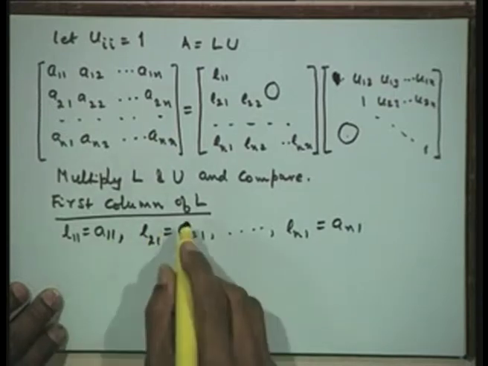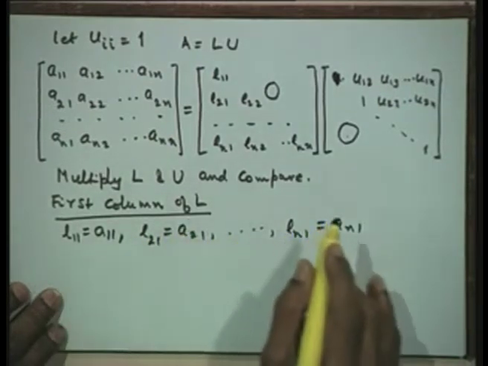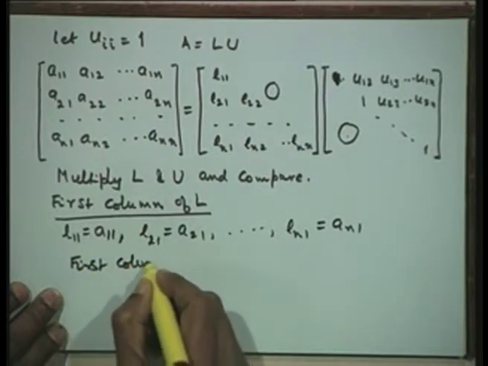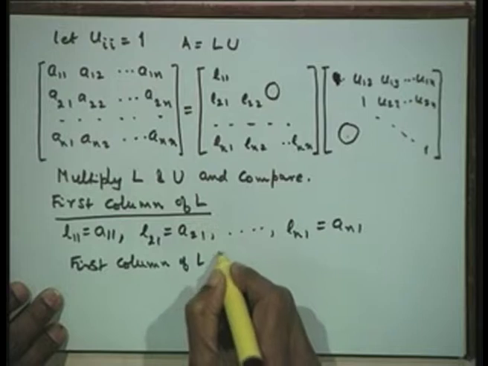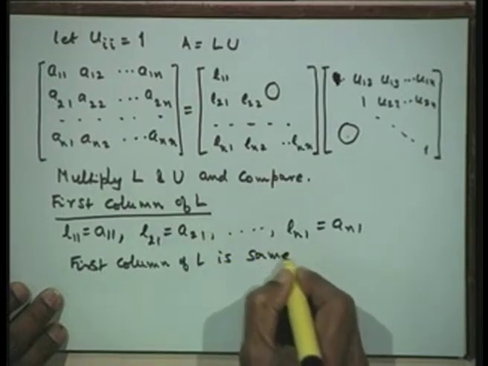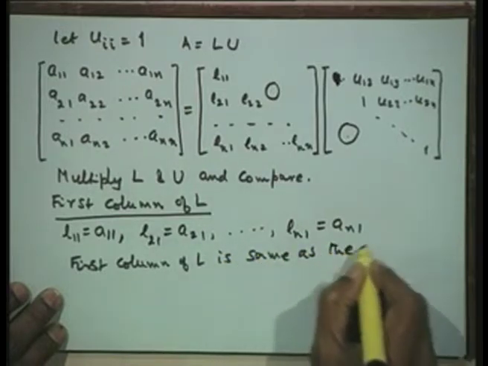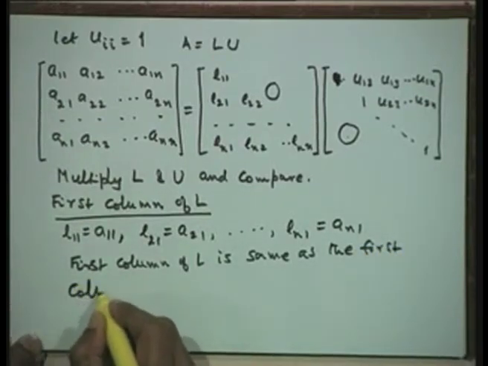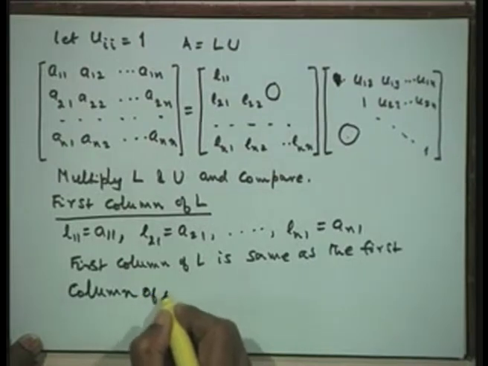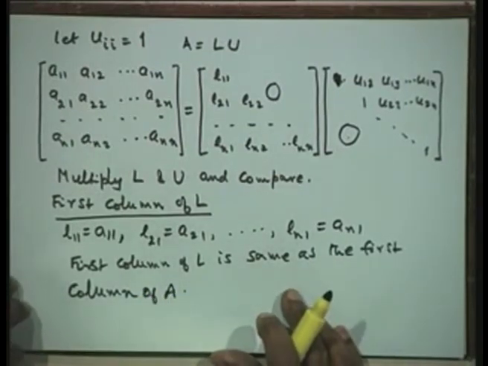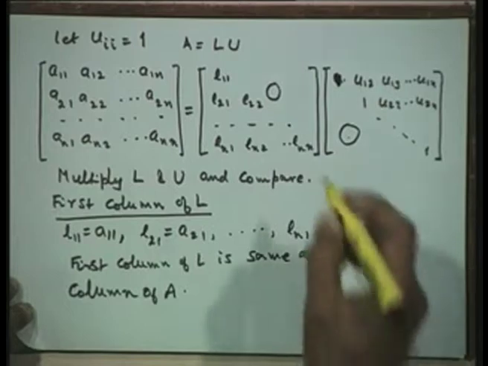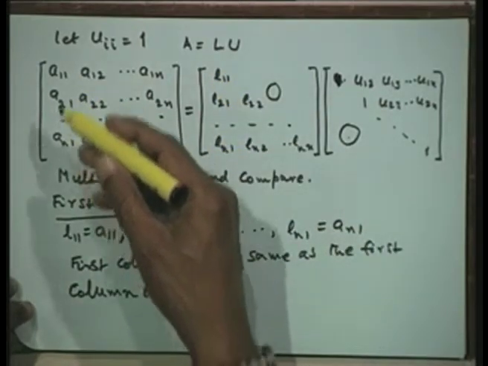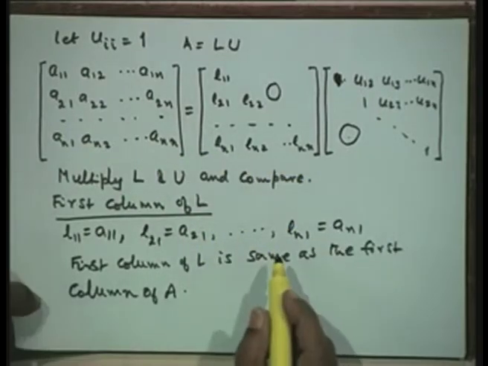That means the first column of L is the same as the first column of A. In other words, there is no computation involved here; we just replace the first column of L by the first column of A.